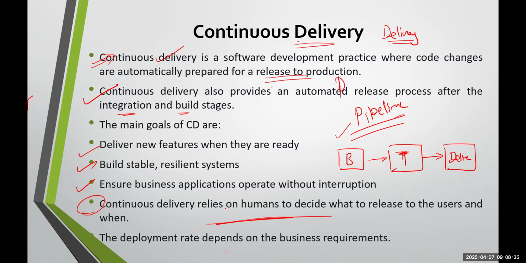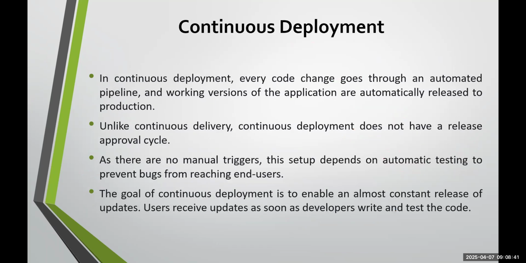So the deployment rate depends on the business requirement. How can we deploy the application? If everything is really completed as per the requirement, then only we can deploy. But deploy is like a release. Continuous deployment means every code change goes to the automatic pipeline. Working versions of the application are automatically released to production.